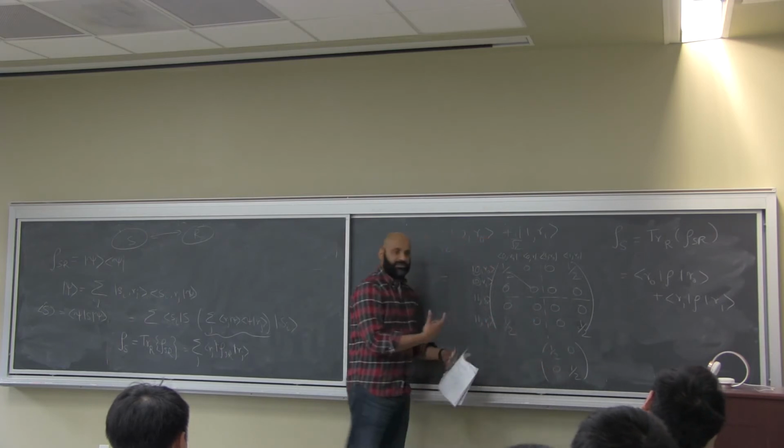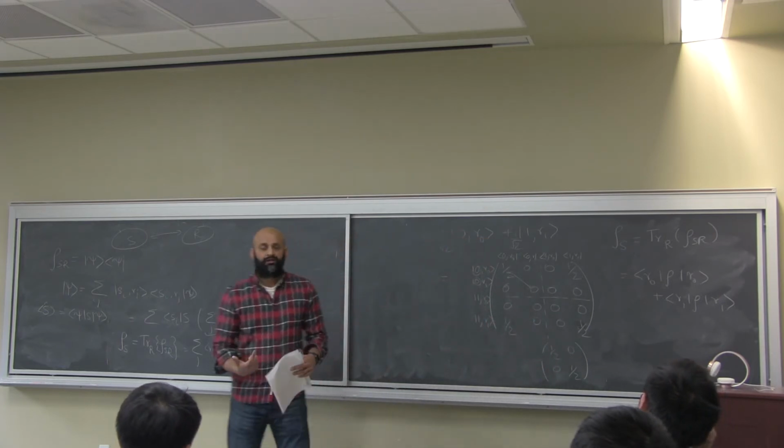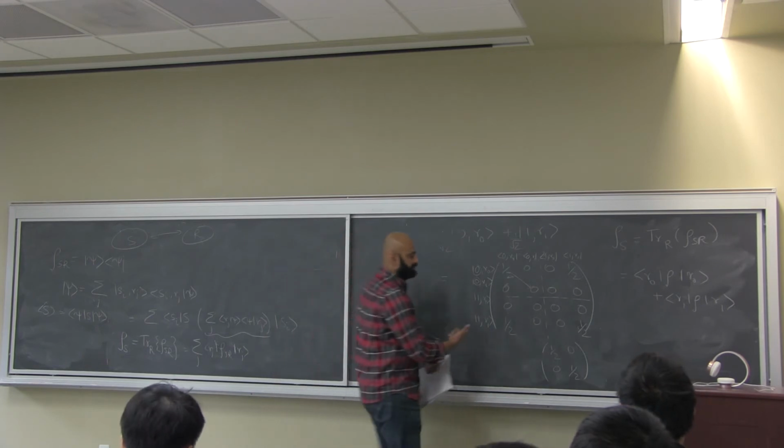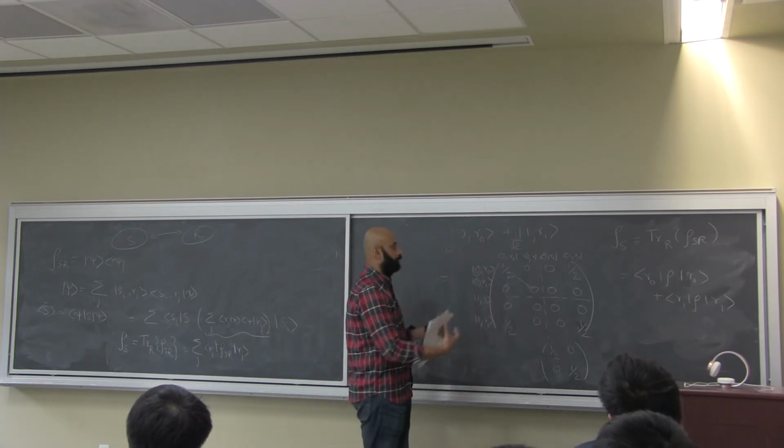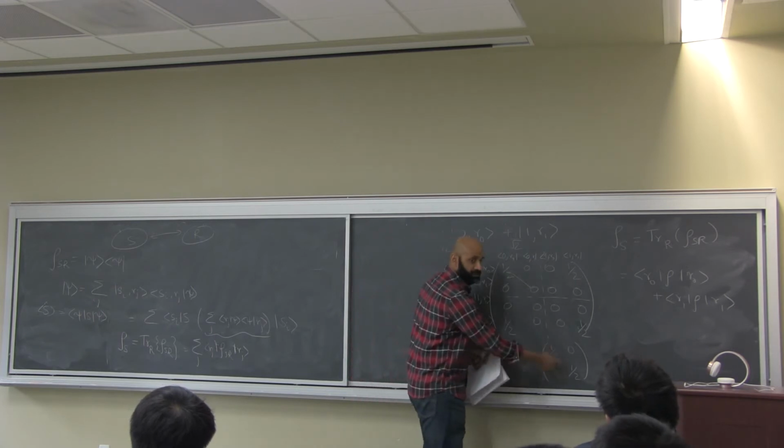So all of the quantum information in this density matrix resides in the joint probabilities or the joint correlations, and there's nothing in each individual qubit.